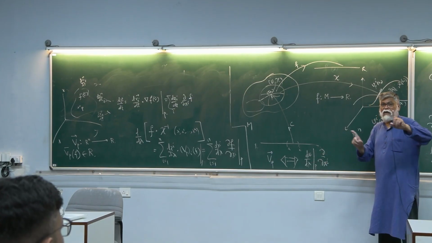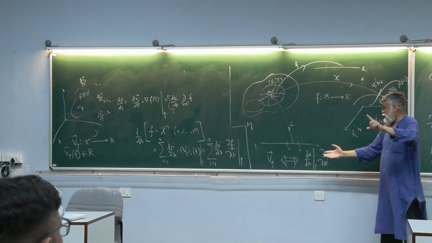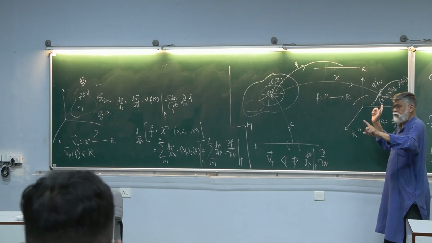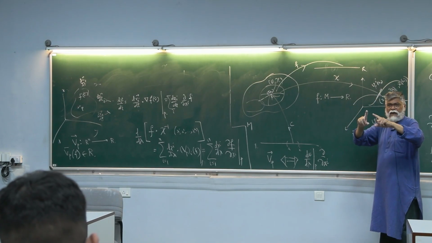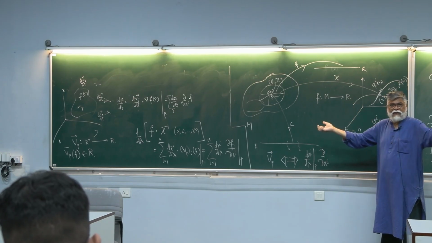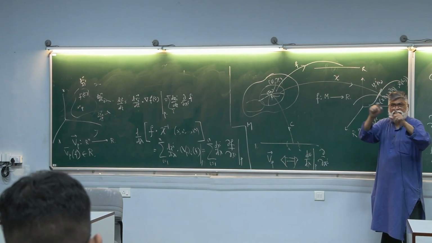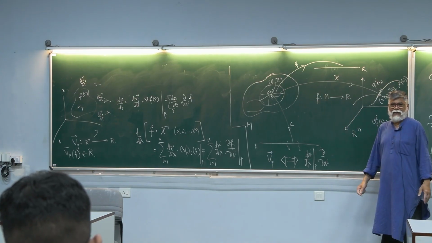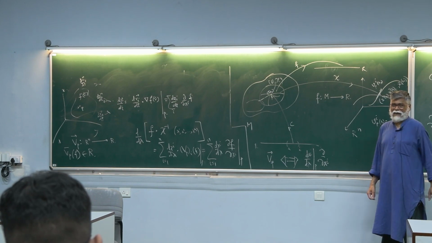If you have two different curves, one tangent will be dx^i/dλ, another tangent will be dy^i/dλ, and dx^i/dλ plus dy^i/dλ is also a tangent vector, because it is d/dλ of (x^i plus y^i), and therefore it forms a vector space. That is the closure property. Correct.